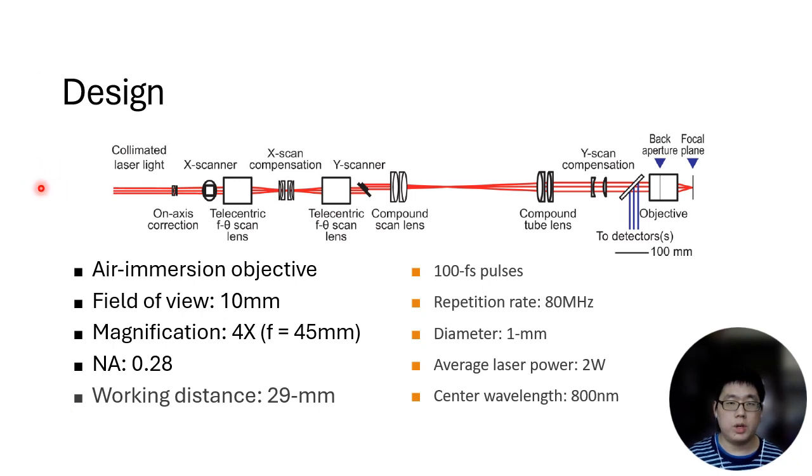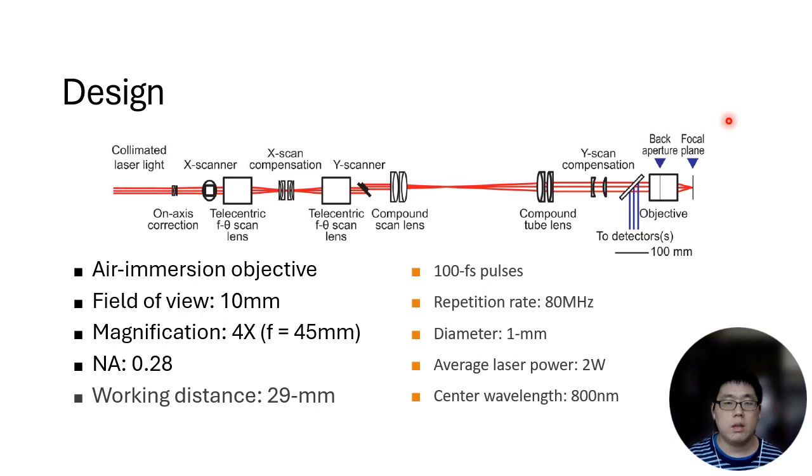You can see the figure here, utilizing a unit gain telescope to relay the image of the X-scan mirror onto the Y-scan mirror. We can see the X-scan mirror and Y-scan mirror here, and the separation of the mirrors permits separate compensation for scan-induced aberration along the X and Y axes.